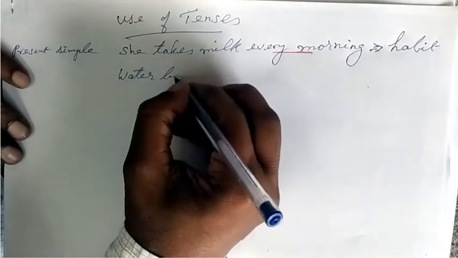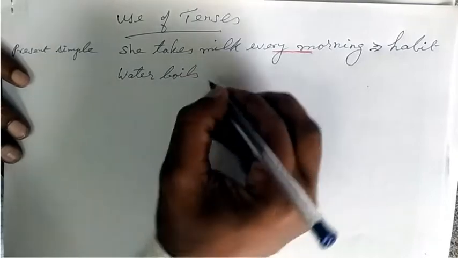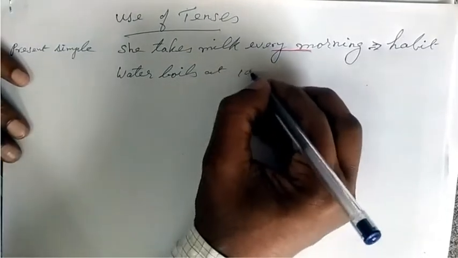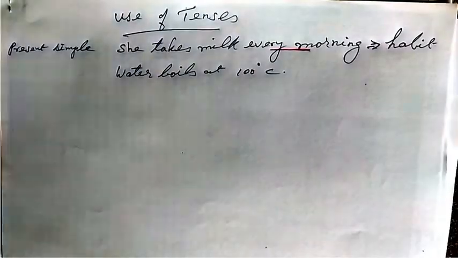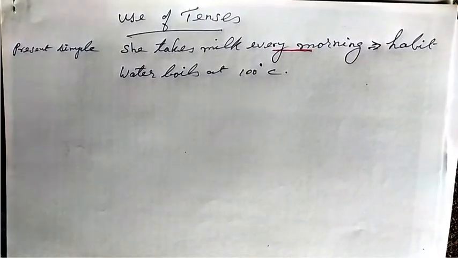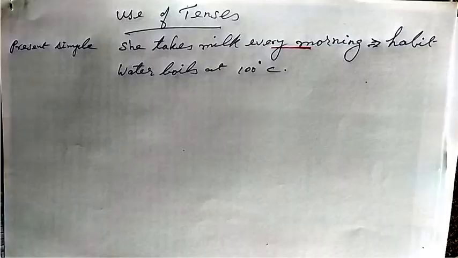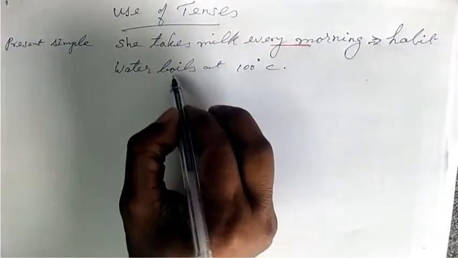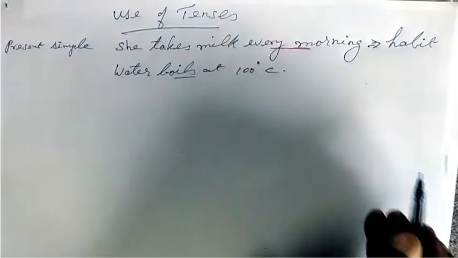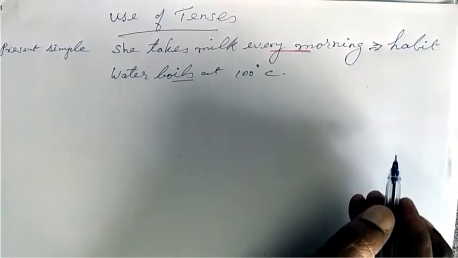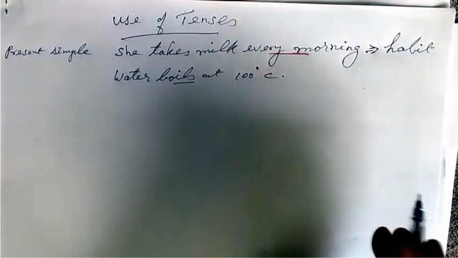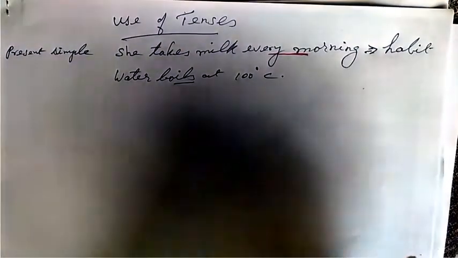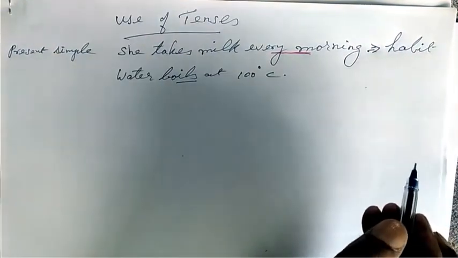Water boils at 100 degree Celsius. That's simple, very easy, and all of us have learned it in school. Now, this verb is put in present simple tense, boils, and we know now it boils at 100 degree. 10 years back it boiled at 100 degree.